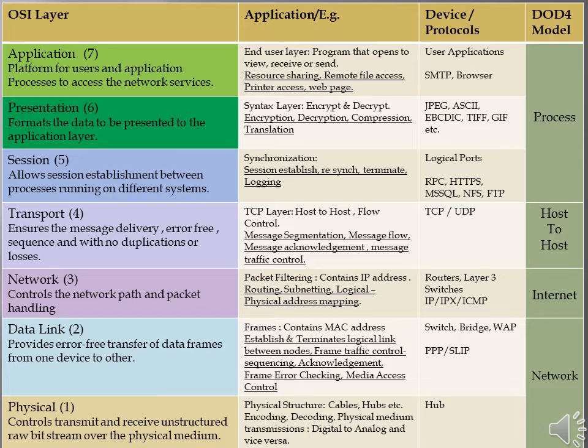Protocols and devices, for example, JPEG format, ASCII format, EBCDIC format, TIFF format, GIF, etc. All these formats come under this layer. Any processing related to translation, encryption, and decryption happens in this layer.